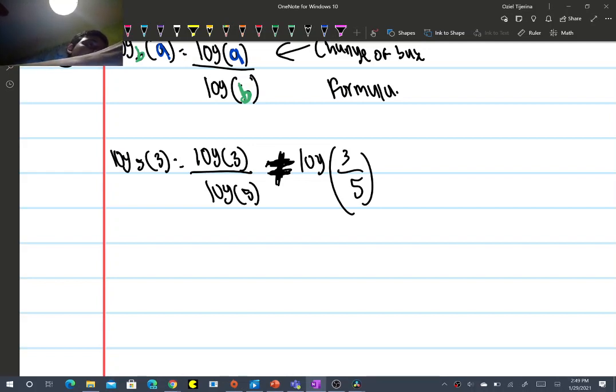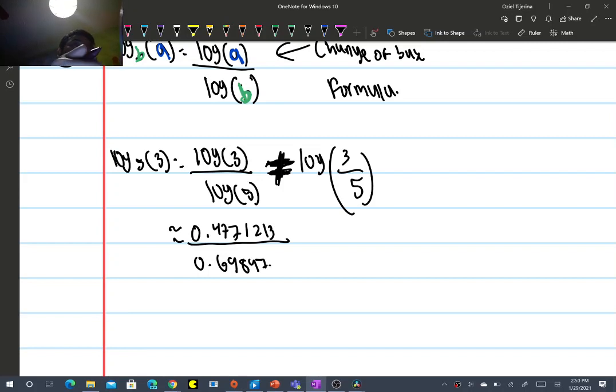So, for example, log of 3, that's approximately 0.4771213, and then log of 5, if you do log of 5, you have 0.69897, right?